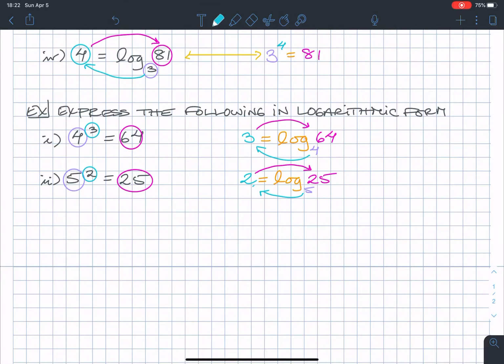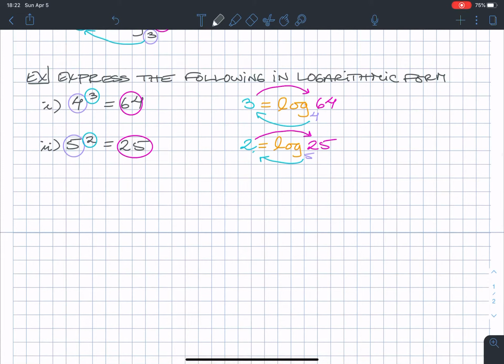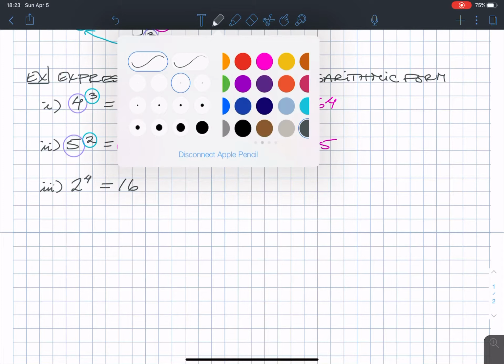Okay, let's do another one. To number 3, do I have enough room? Okay, so let's do 2 to the 4th is equal to 16. So I start off with equals log.